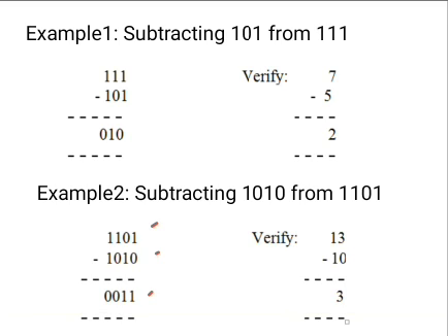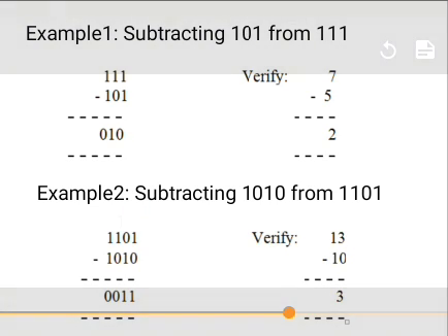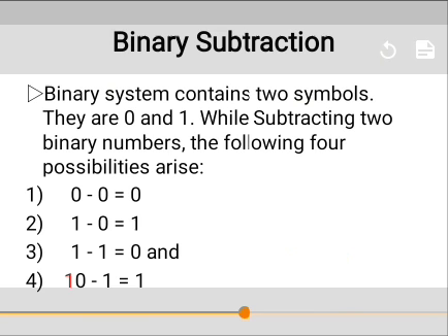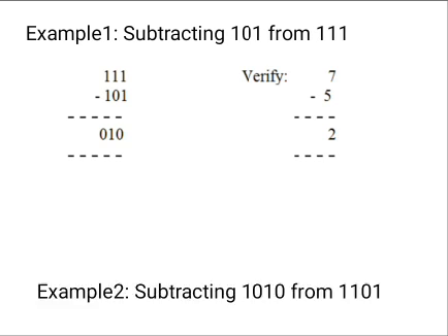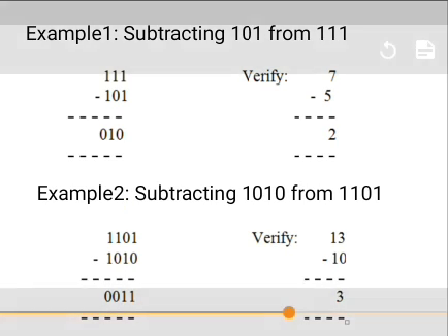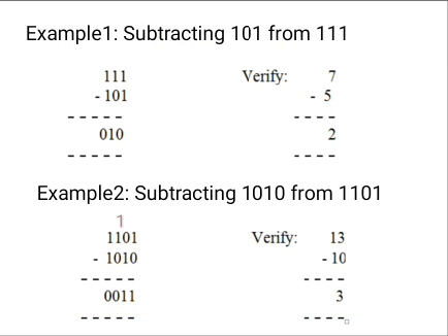In the second column, 0 minus 1, that means we have to borrow 1 from the next higher column.